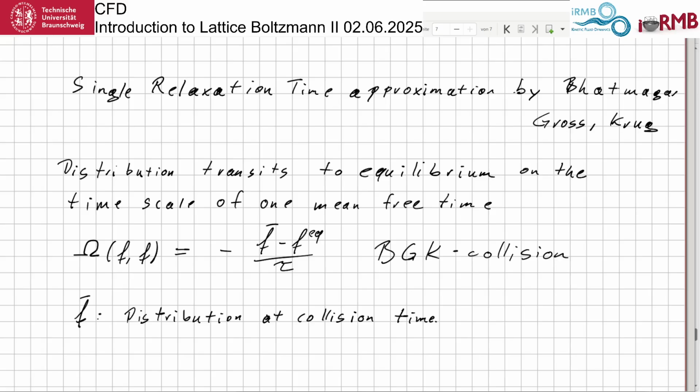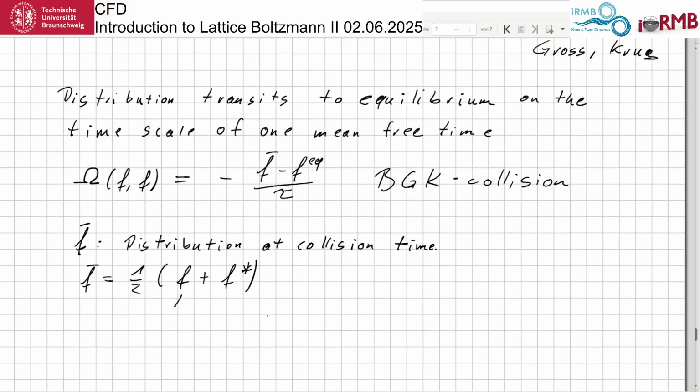So how do we get to the population during collision? Very simple. If we have it before and after, we say it's 1/2 the one before plus 1/2 the one after. So this is pre-collision, and this here is post-collision. Now you can write these things. The post-collision is the pre-collision plus omega, multiplied with the time step, because something changes in time.